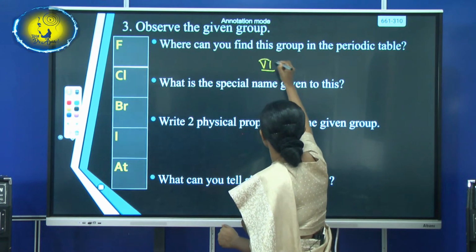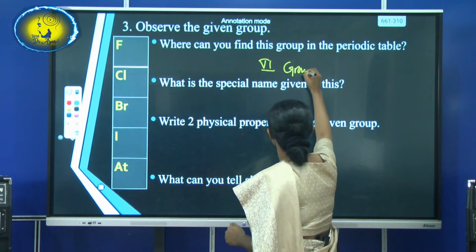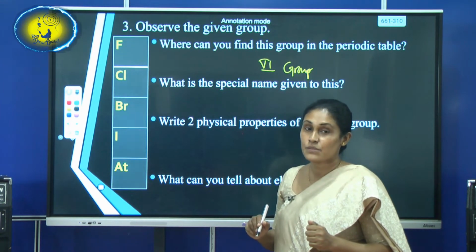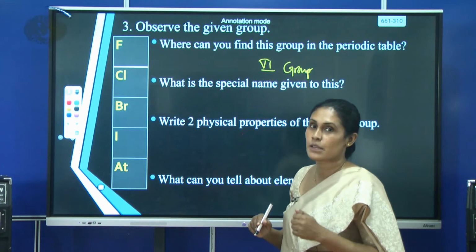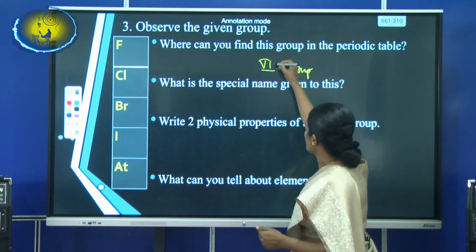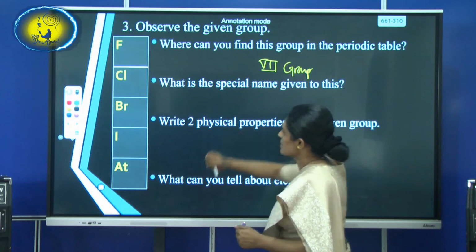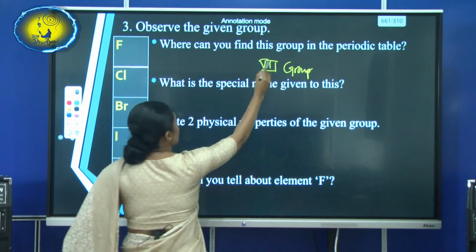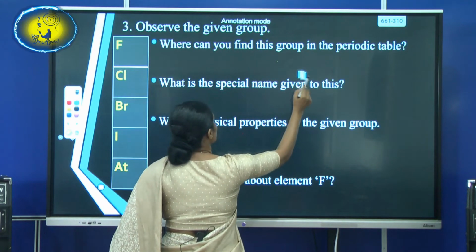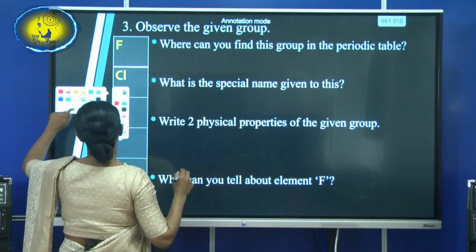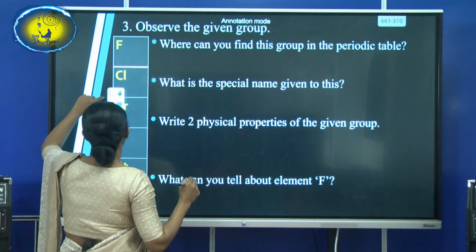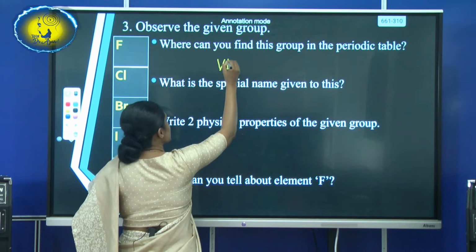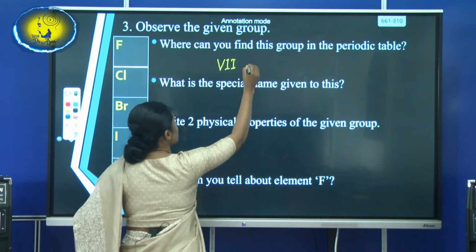The 7th group, next to the noble gas group. It's not nice. I think I would like to erase it. I'll erase and I will rewrite because I see it's not nice. From number 5, 6, 7 group.